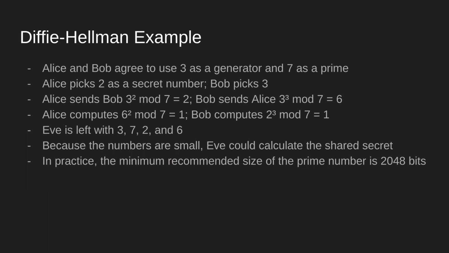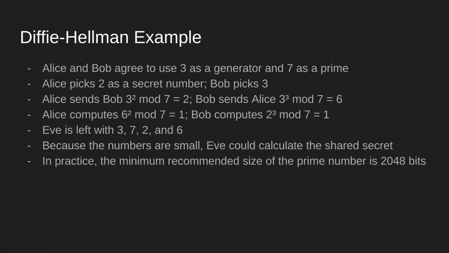So now Alice takes Bob's public number, which is 6, and raises it to the power of Alice's private number, modulo 7, which is equal to 1. And Bob computes 2 to the 3 modulo 7, which is also equal to 1. So they've arrived at a shared number, and Eve is left with 3, 7, 2, and 6. 3 and 7 everyone knows.